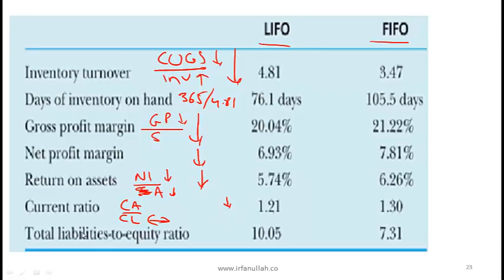And what about this final one, the total liabilities to equity ratio? The liabilities are not impacted. Will LIFO have lower equity? Why? The simplest way to look at it is that liabilities are not impacted, so if LIFO has lower assets, then it will have lower equity. So if equity is lower for the LIFO firm, then the ratio of liabilities over equity will be higher.